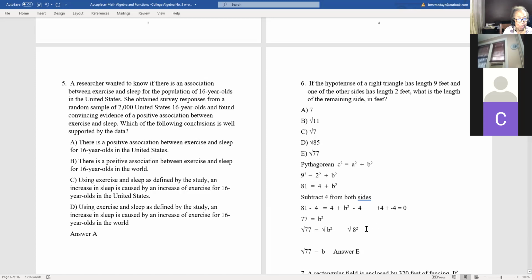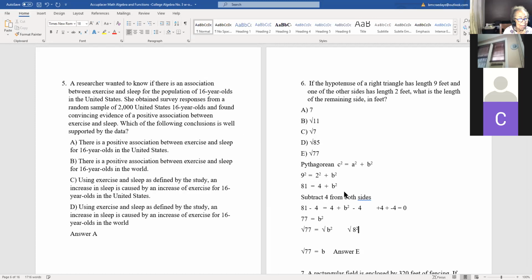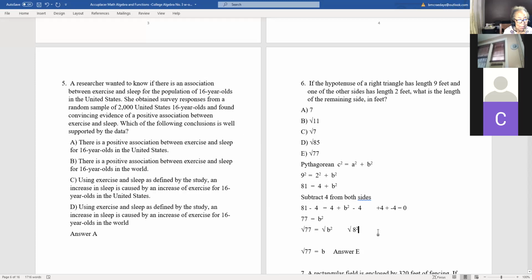What's the square root of 8 squared? No. Square root of 8 squared is just 8.